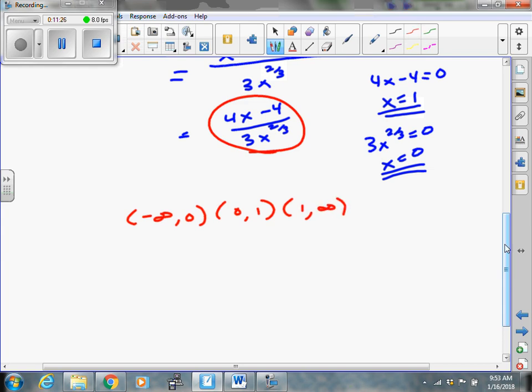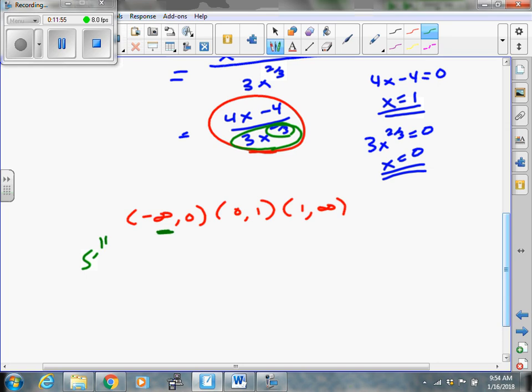I'll pick some values. Pick a negative. Now, look at this real quickly. I would not worry about that 2/3 power, because it's really a cube root and you're squaring it. Anytime you square something, you get a positive number. So no matter what, this denominator is always positive. So I really only have to worry about the top. How beautiful that is. Pick a number like -1.